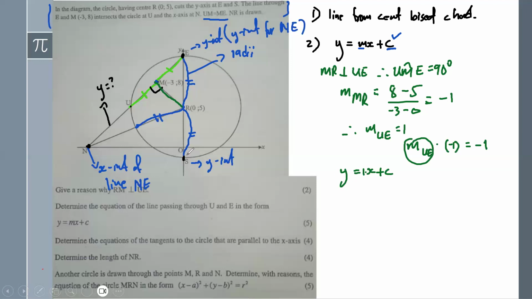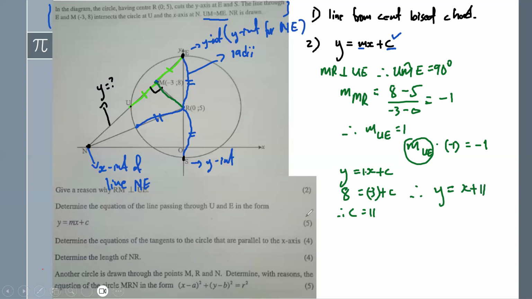Now, let's substitute that little point that I spoke about, point M, and find the value of c. So y is 8 and x is -3, plus c. I really prefer using brackets, and it becomes clear here that c is equal to 11, which is just 8 plus 3, right? Therefore, here's your equation: y is equal to x plus 11.